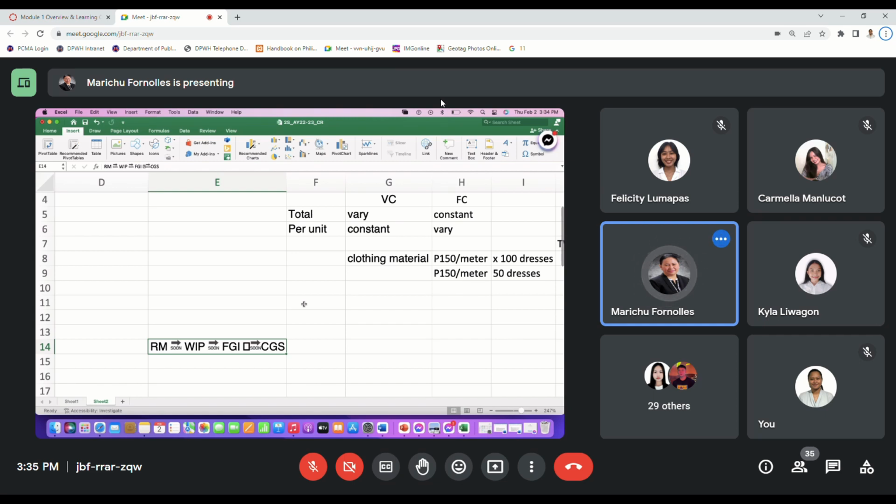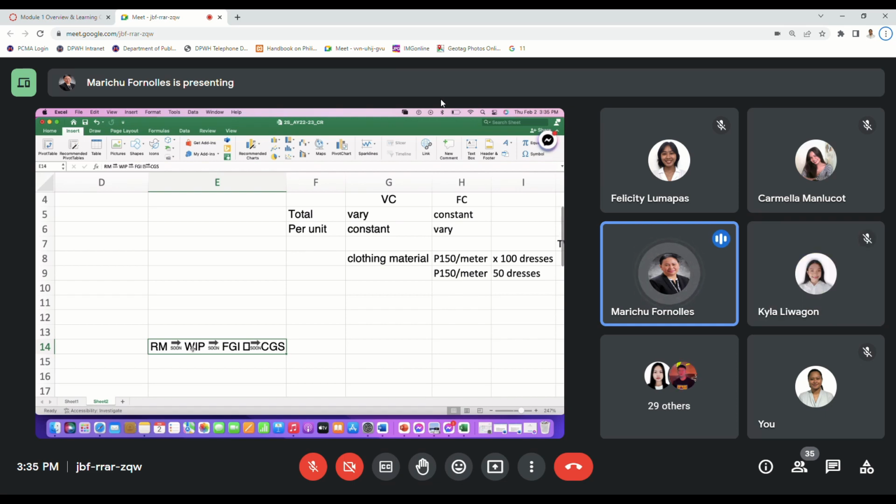Okay, that's the flow of the inventory accounts from raw materials that are unprocessed. Once it is processed, it becomes direct materials, which is used on a particular job and recorded as part of your work in process.